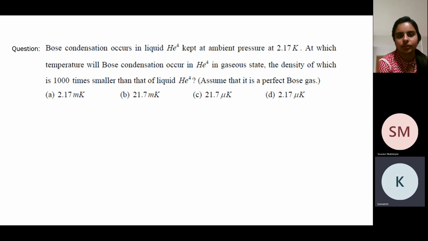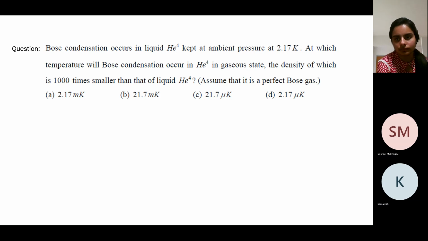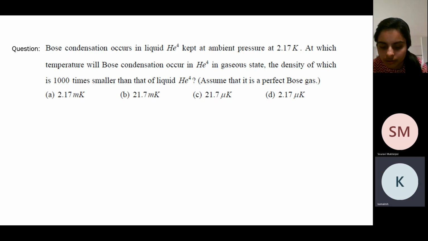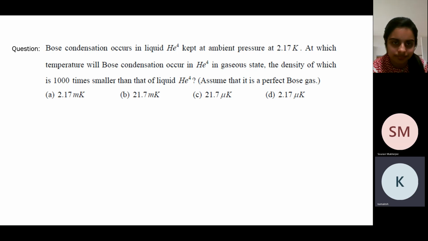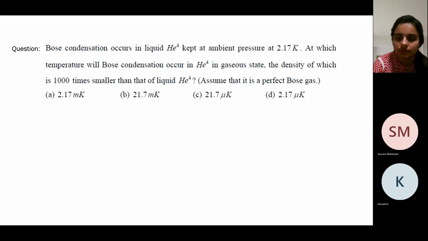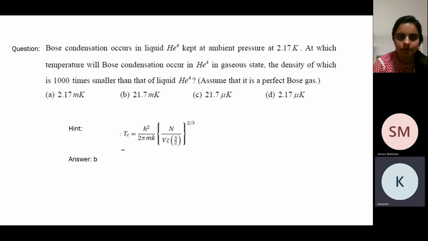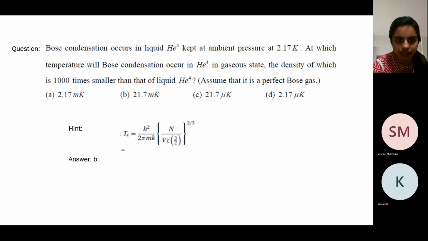Yes, ma'am. So it would be 2.17... 0.02, right? So it should be 21.7. Yes, ma'am. 21.7. Right. So the answer is B, correct? Yes, ma'am. Right. So this is how it goes.